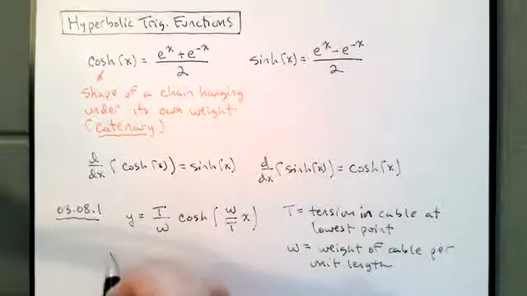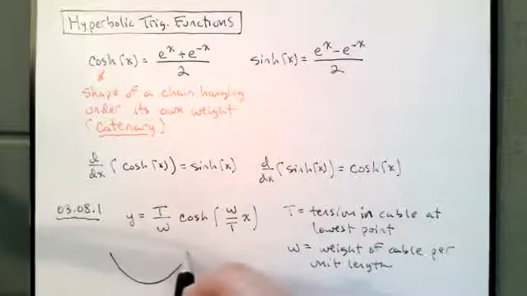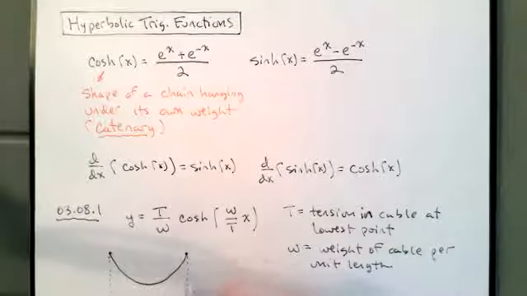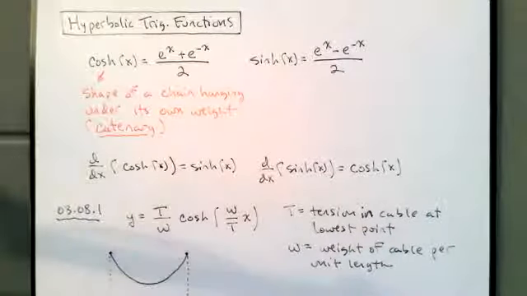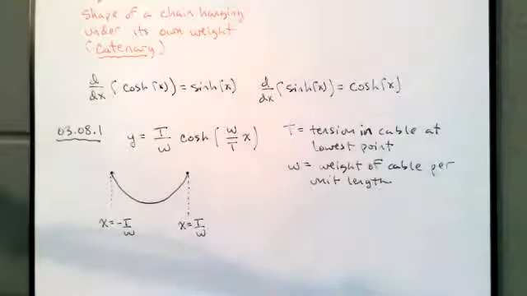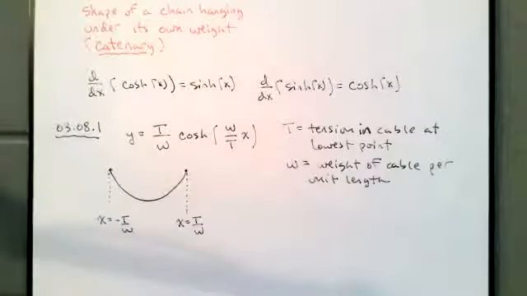So we've got this cable hanging down, and it's hanging between the points x equals negative T over W and x equals T over W. And we're also told that the sag of the cable is defined as the difference between the height of the cable at its highest and lowest points.